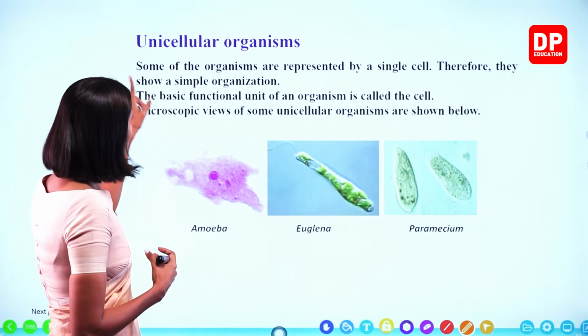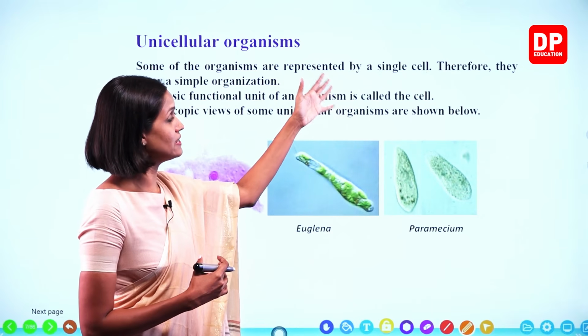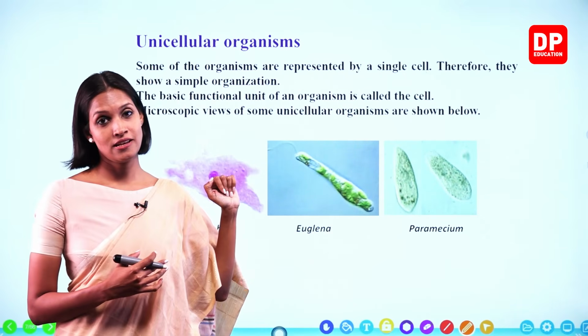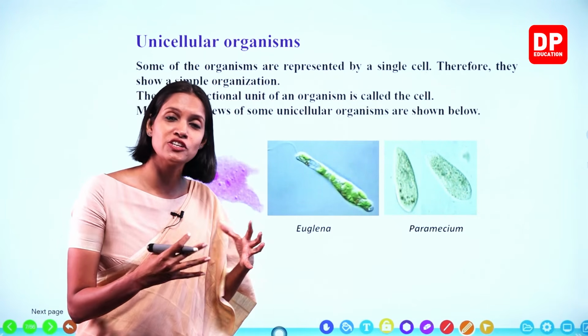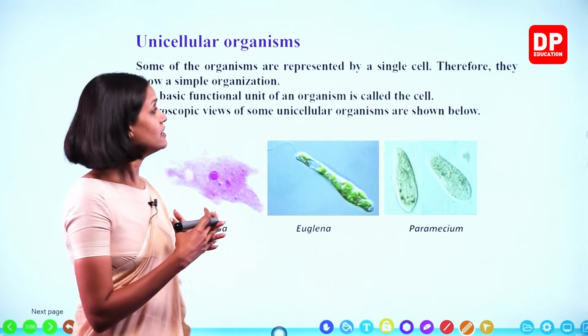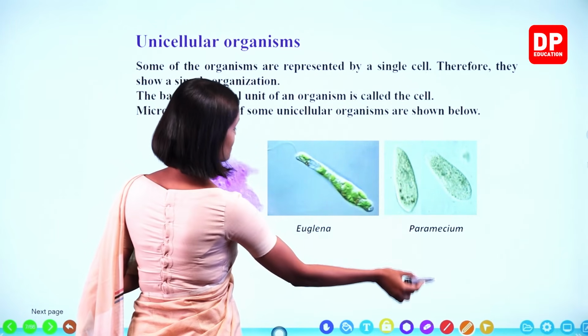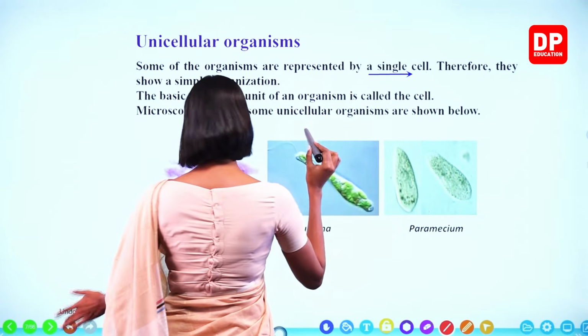Right? Some of the organisms are represented by a single cell. Therefore, they show a simple organization. Because they have only one cell, their structure is very simple.